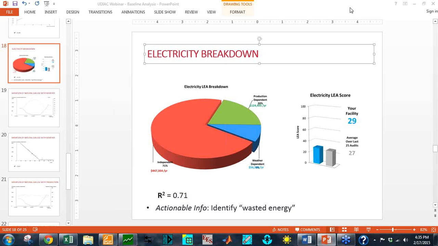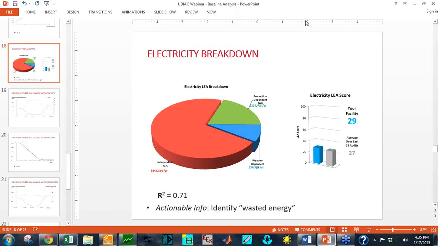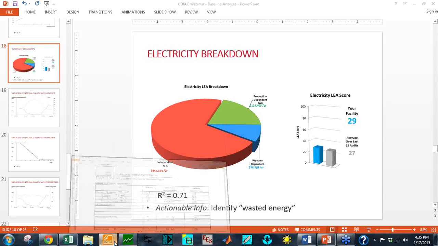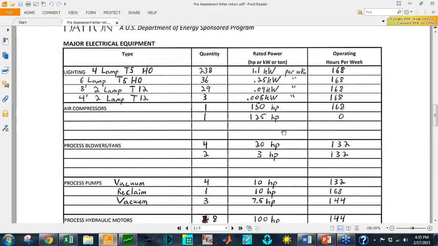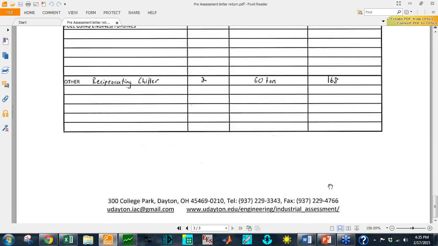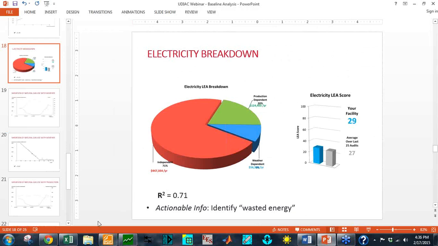Okay. For the production information that you use and that you were showing within your LEA analysis, are you able to get that production data prior to the assessment day? Yep, definitely. A lot of facilities, if they're on top of it, have that kind of spreadsheet already in their files or somewhere on their server, and they just have to pull it up and send it to us.